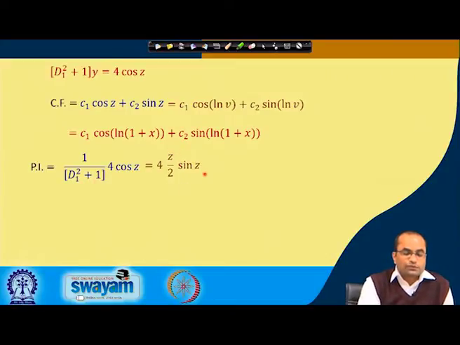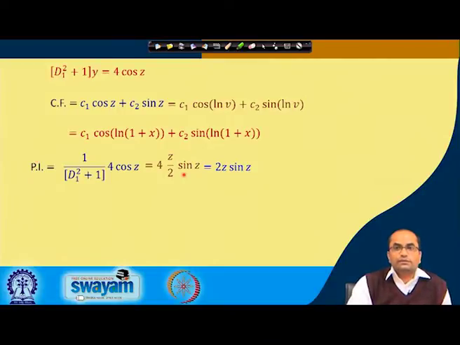So z by 2 and sin z will be the result of this operation 1 over D1 square plus 1 on cos z. This 2 gets cancelled, so we have 2 z sin z as the particular integral of this equation, which again we have to get back to v and then x.